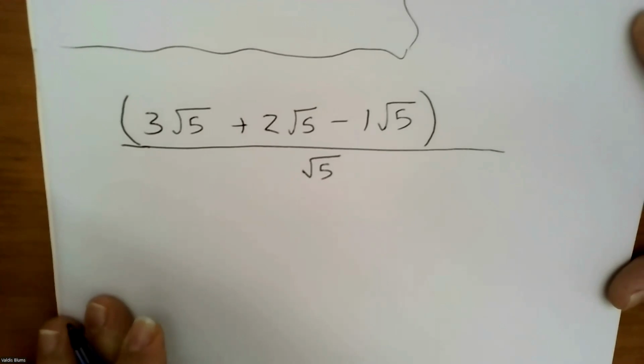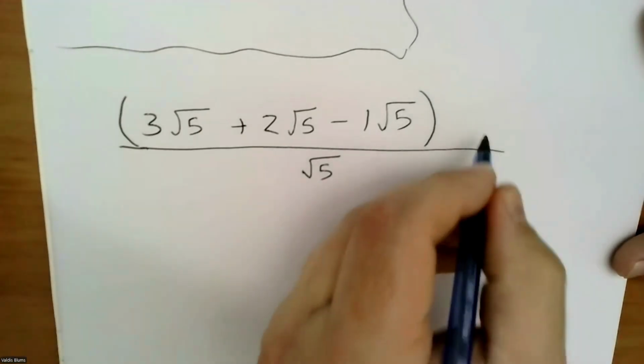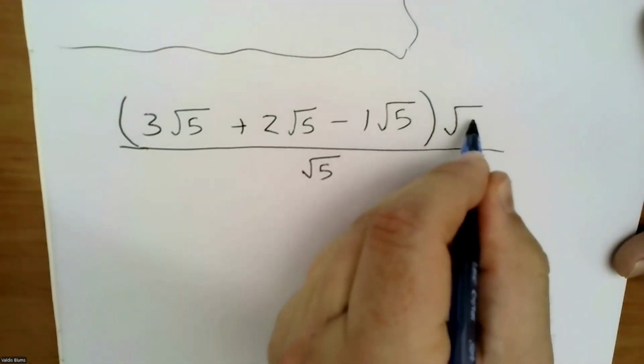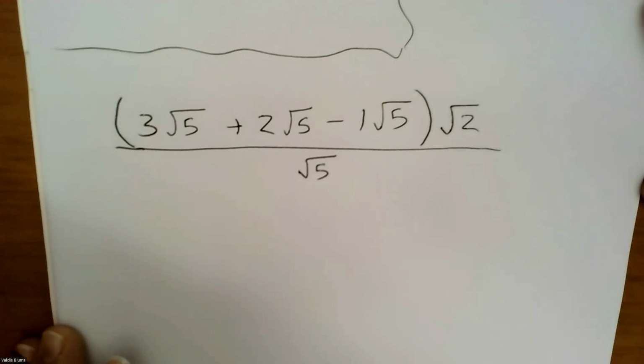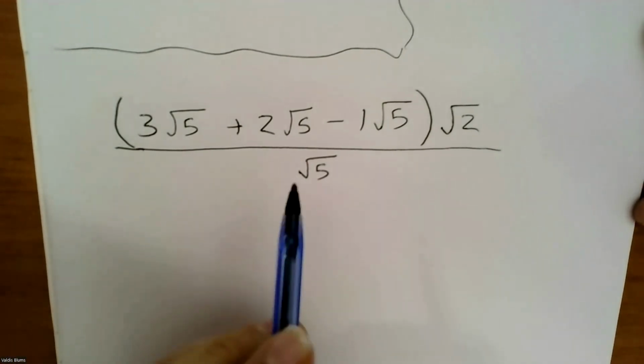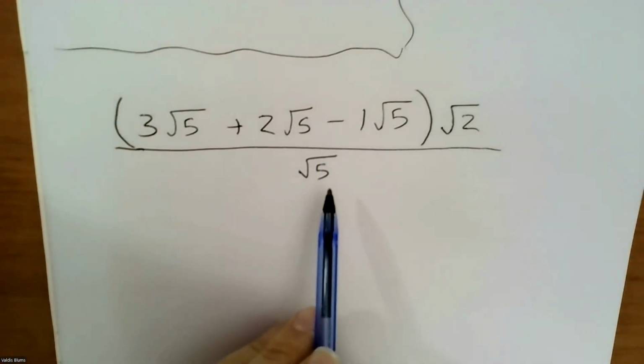And this is also multiplied by square root 2. So let's say I have a question like this. So we're covering all four aspects of the symbols. We've got addition, subtraction, we've got multiplication, and we have division.